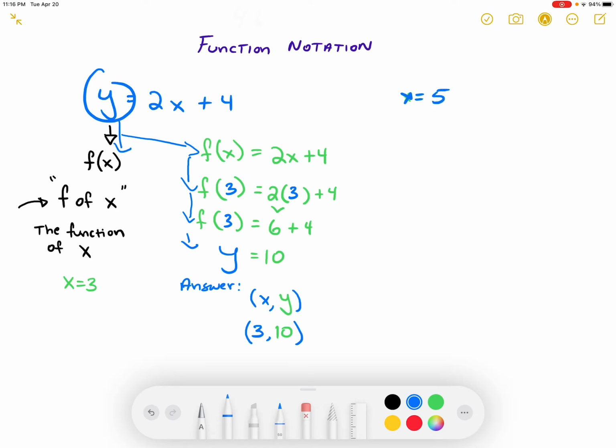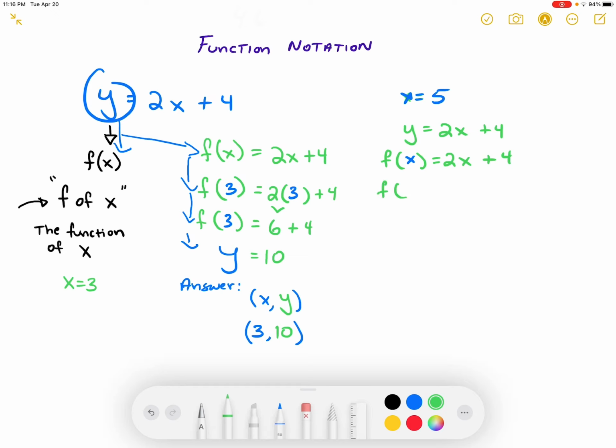So if the original problem is y equals 2x plus 4, I can rewrite my function as f of x, which means put inside this function whatever x is. The problem is 2x plus 4 again, same thing. We're just doing a different value.